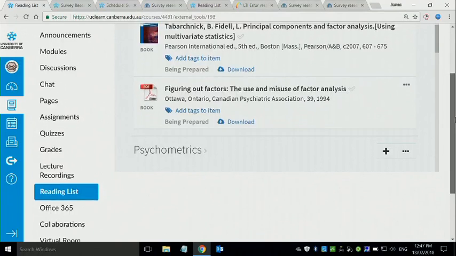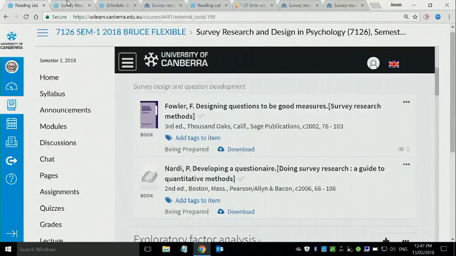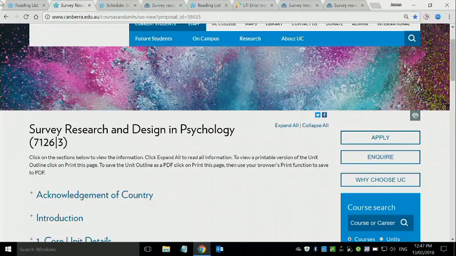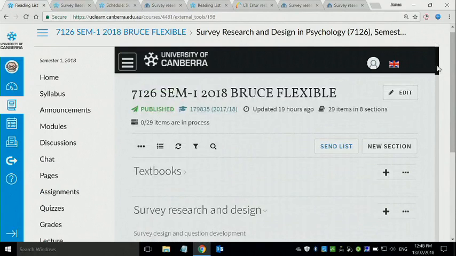So since we are there, let me go back to textbooks. The reading list just contains copyright restricted readings associated with each of the topics.